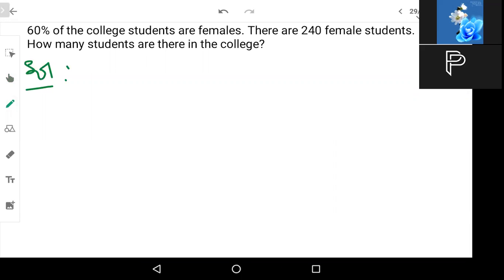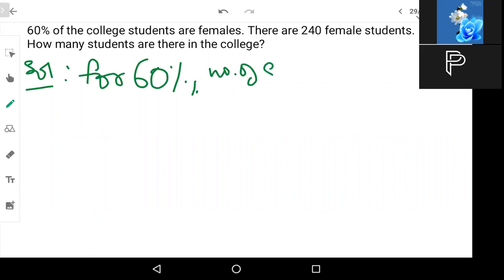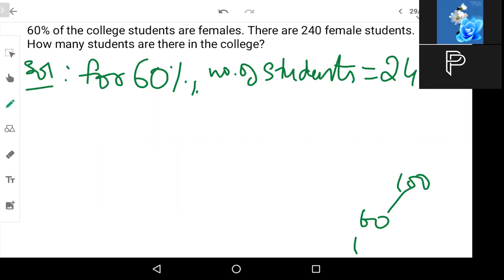To cover 60%, the number of students they have is 240. See, out of 100%, to cover 60%, they have 240 students.